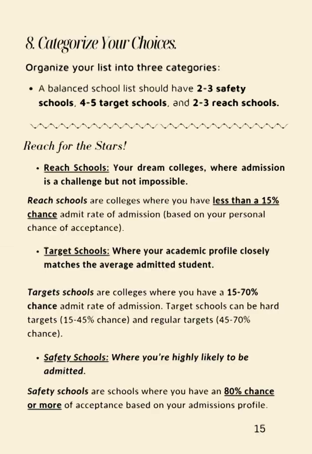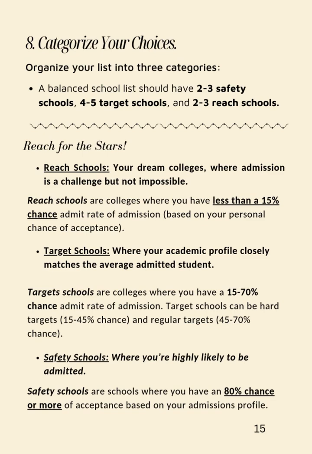Next, chapter 8. So let's talk about categorizing your choices, right? From my experience, it's always good to have three different types of categories of your school when you're choosing. Having three categories gives you a balanced school list, right? And what I mean by balance, your strengths would be more focused on your target schools, so you'll have more applications in those target schools where you definitely want to go, and you have a pretty good chance of getting accepted.